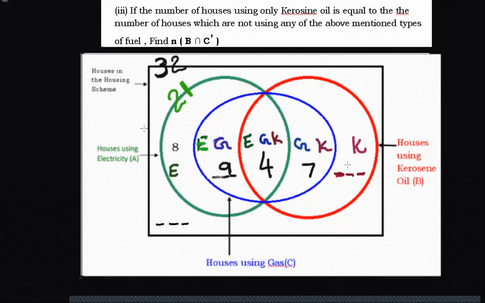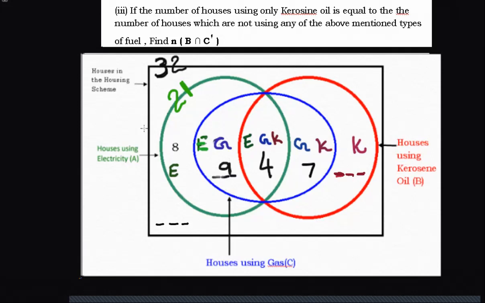The red blank is for kerosene-only houses, and the black blank is for the number of houses not using any of these three. So they are equal, right?